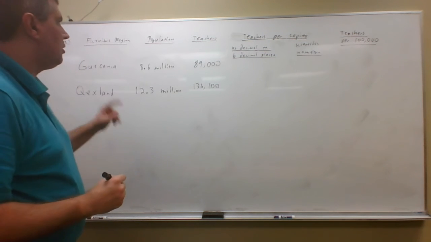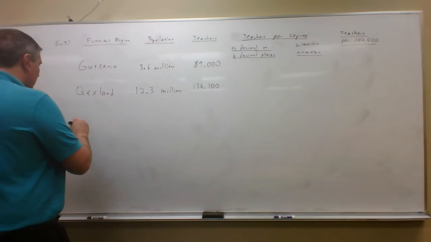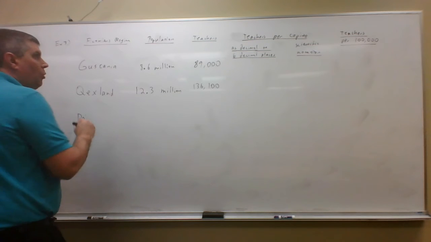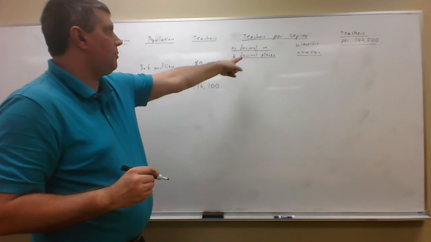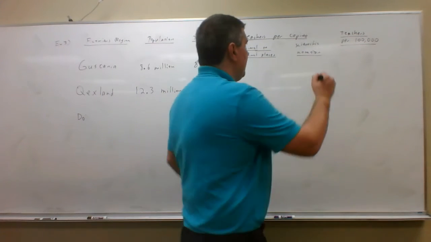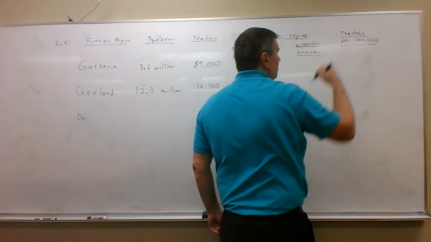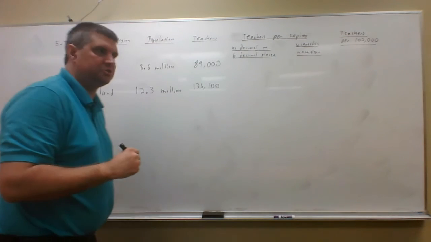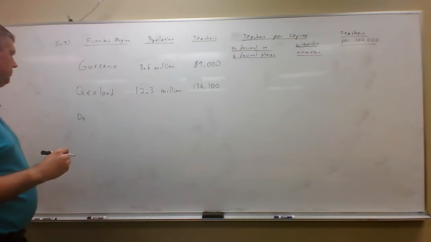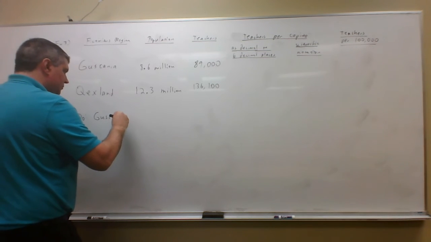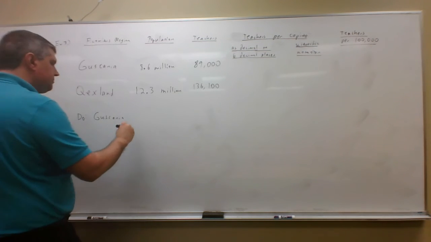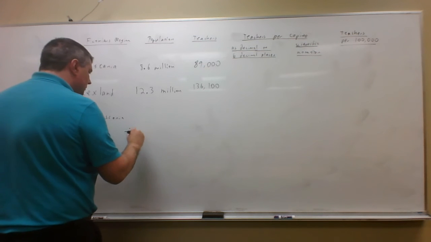So, here's what we're going to do. We want teachers per capita as a decimal rounded to 6 decimal places, and in scientific notation. And then finally, I want teachers per 100,000, rounded to the nearest person. So, do Gascania. You will always be dividing by the population.